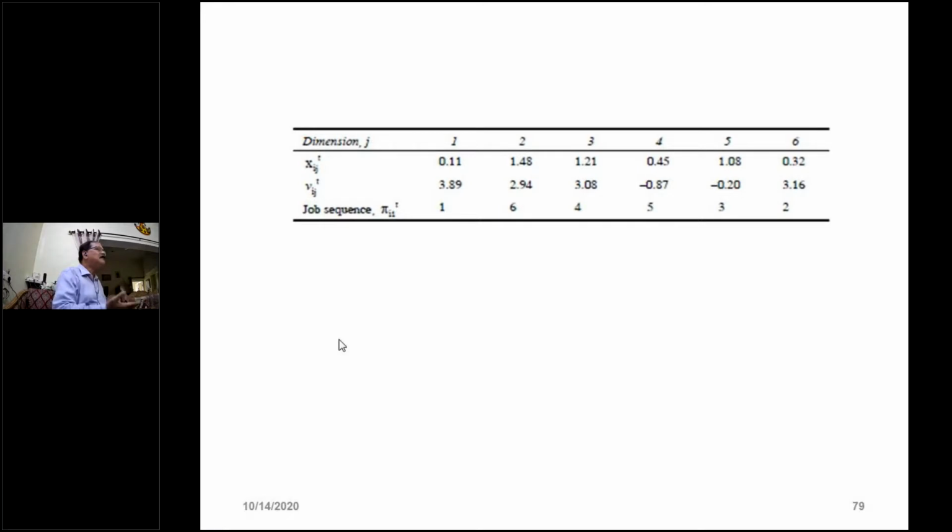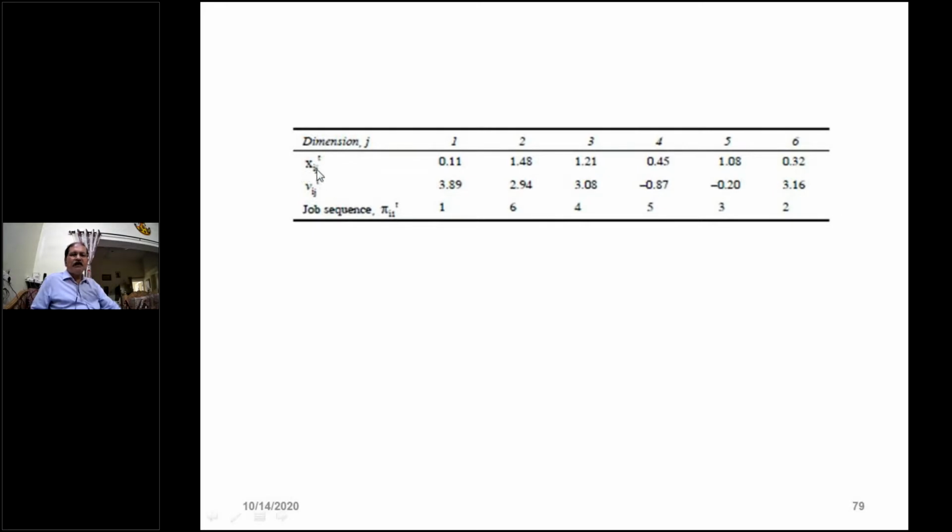Throughput is the number of units that is being produced in the planning period. That is the throughput that can be improved. So to find out the job sequence, or find out the job that is to be loaded.